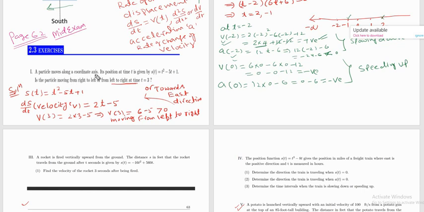Now, a particle moves along a coordinate axis. Its position at time t is given by this one. Is the particle moving from left to right or right to left?